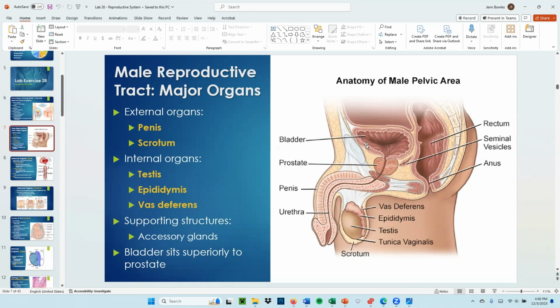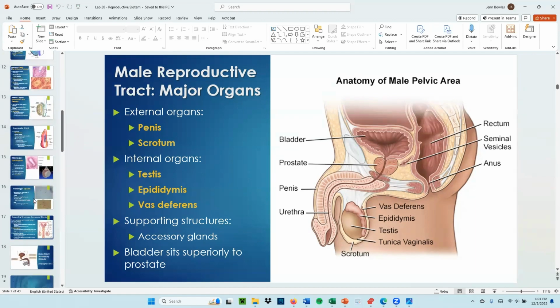A lot of people will confuse these other openings with things like the uterus, for example, on the female model. In males, the bladder sits more anteriorly, and it sits above the prostate gland. That is one way to help identify and orient yourself here: the bladder sits above everything.